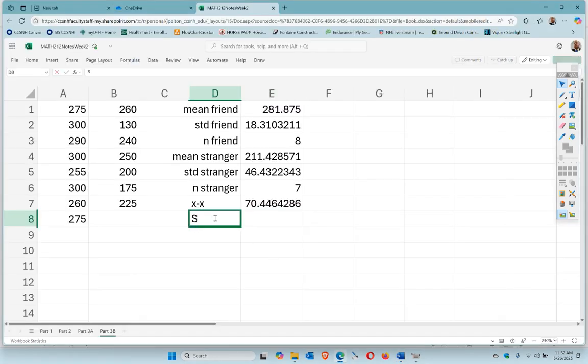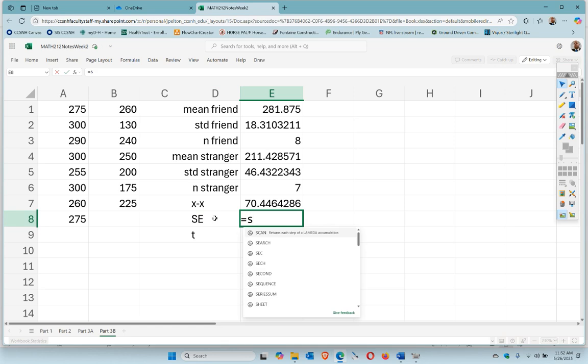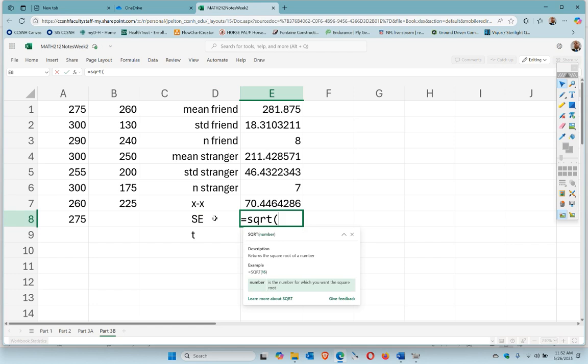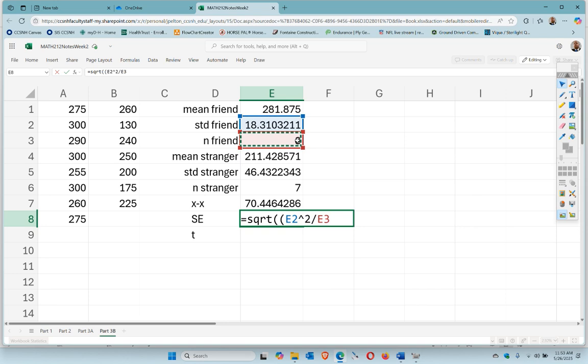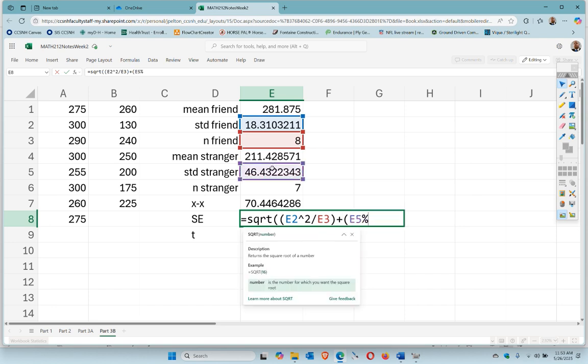Okay, so we need standard error, and then we need t. Okay, so the standard error, right, is the square root, right? And then we have to do 2 fractions, correct? So the first fraction is the friend squared divided by 8 plus the second fraction, which is the stranger squared divided by 7, close parenthesis, close parenthesis.